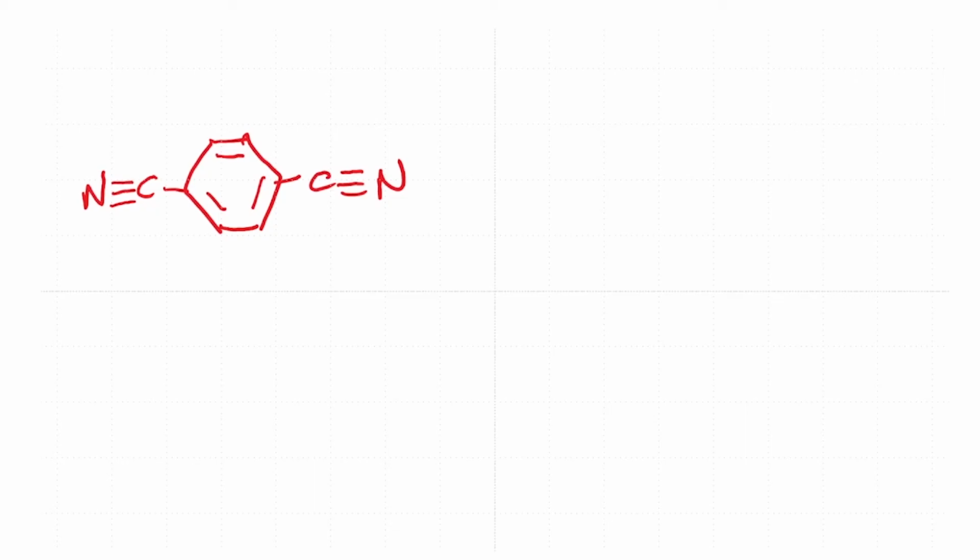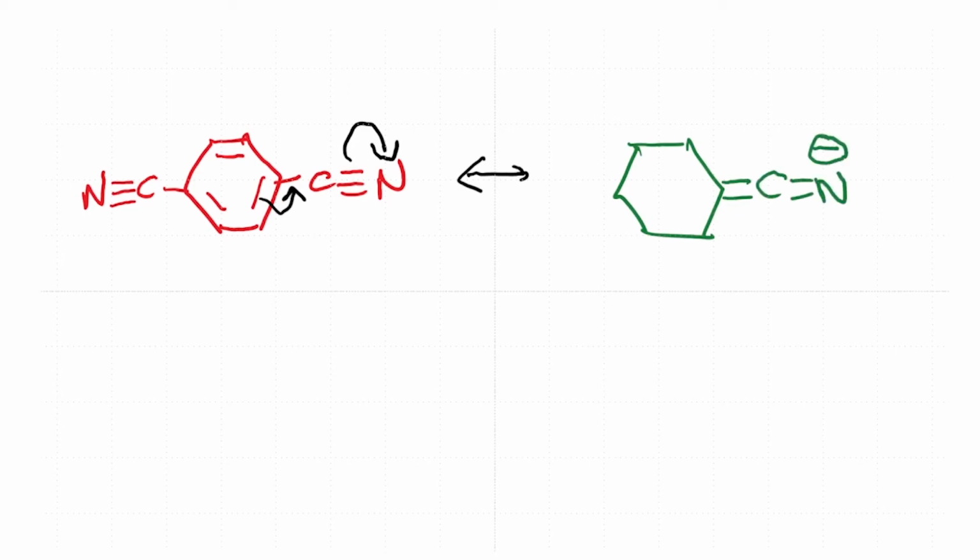All right, now as we do a few more examples, these concepts will become much clearer. So now the next example we're going to take is cyanobenzene, or benzonitrile as it's called, C triple bond N. As you can see here, this triple bond is very nicely placed to pull electrons, and so you can draw out a resonance form over here where you have a double bond C, double bond N, and then you have a negative charge here, and it leaves a full positive charge here, and the remaining molecule is the same.